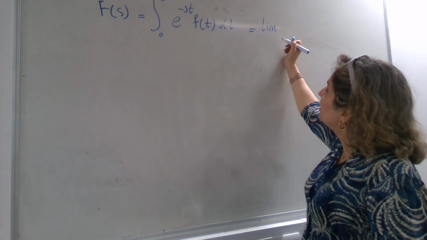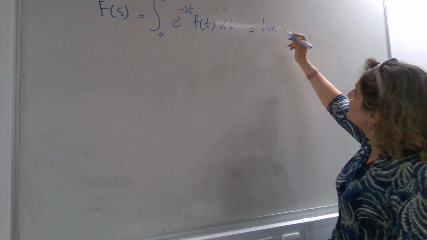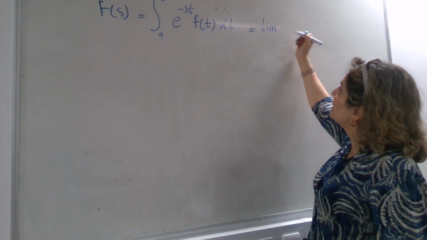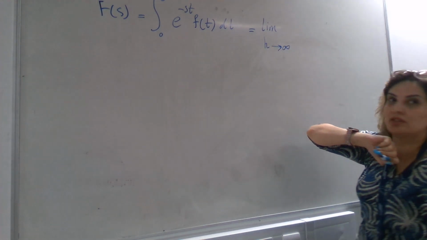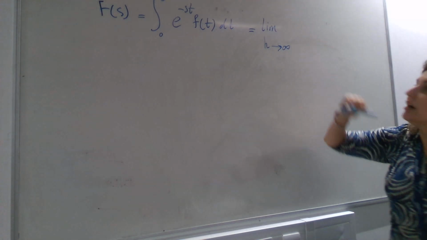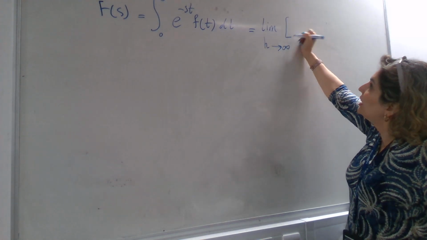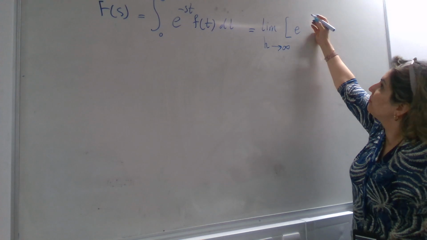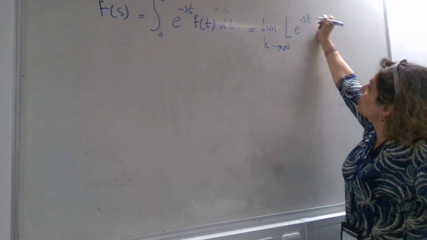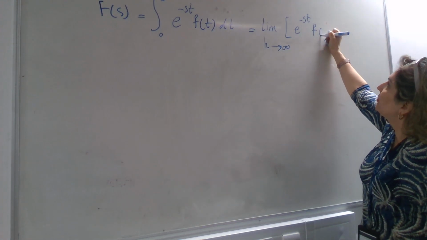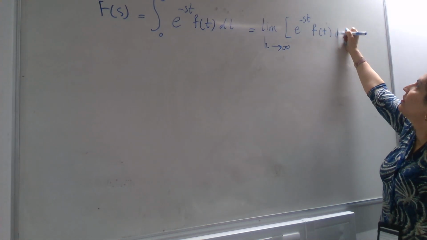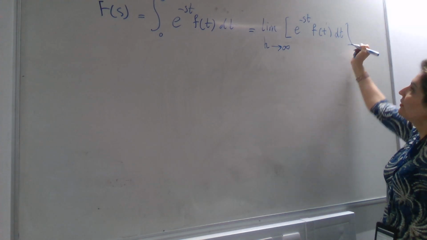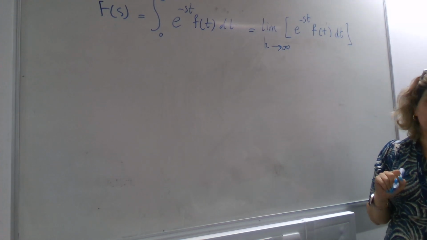Now if I replace infinity with the letter h, and I imagine that h is going to be infinity, I have the limit of my exponential, my function, and that's how we write it.